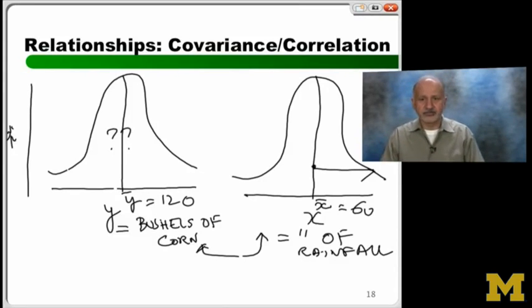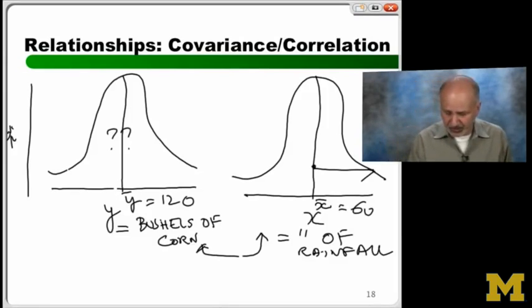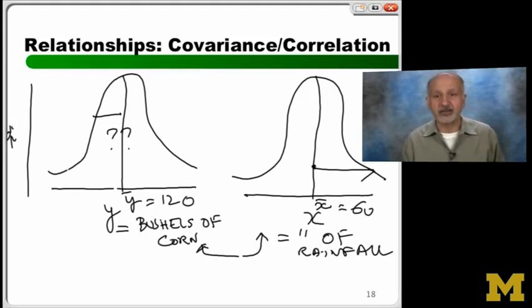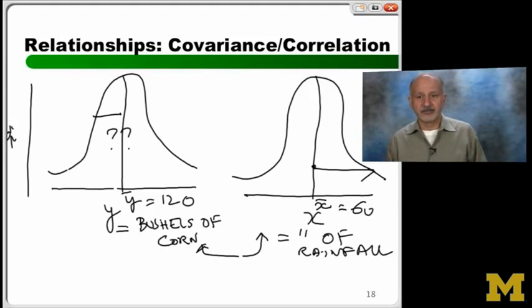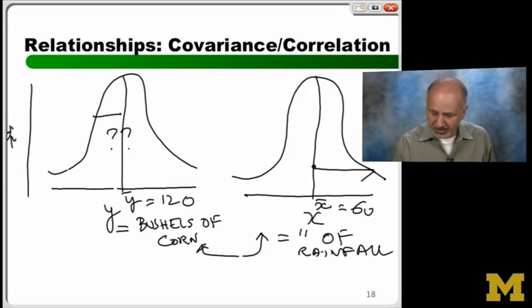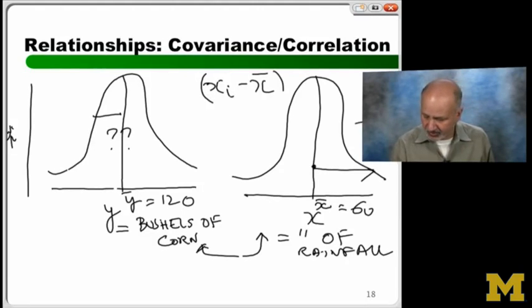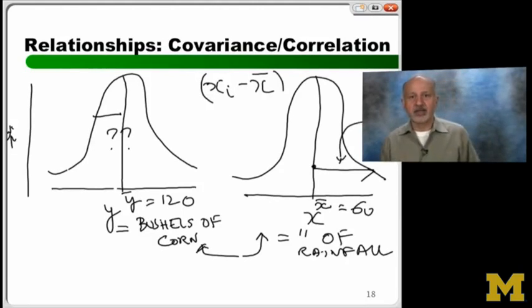Let's assume that for this particular data point, corn happens to be above its average. How would you measure that deviation? It will be xi minus x bar is the amount measurement of this.